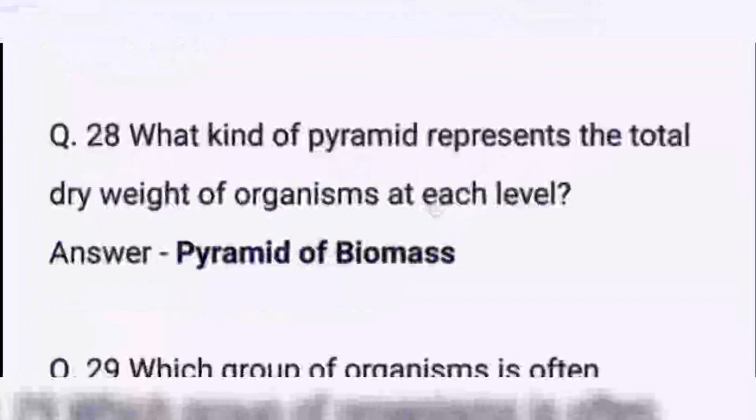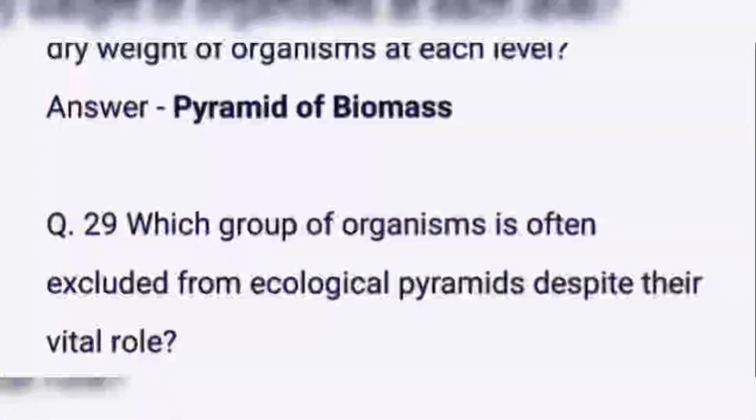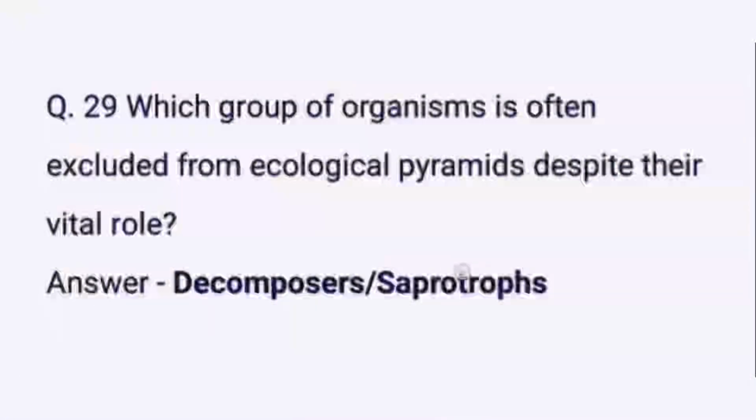Unidirectional, non-cyclic. What kind of pyramid represents the total dry weight of organisms at each level? Pyramid of biomass. Which group of organisms is often excluded from ecological pyramids despite their vital role? Answer is decomposers or saprotrophs.